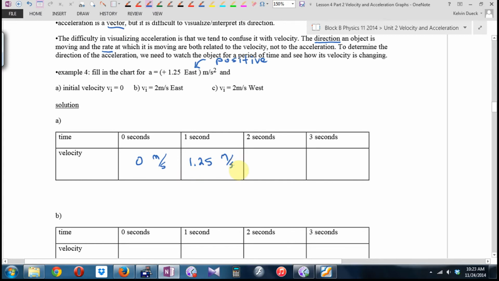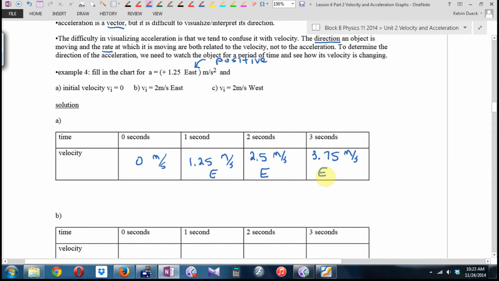We're still accelerating, so after 2 seconds, add a direction, east. After 2 seconds, how fast are we traveling if we continue to accelerate? You're right, 2.5 meters per second. Direction. After 3 seconds, how fast are we traveling? Meters per second. Direction. East.